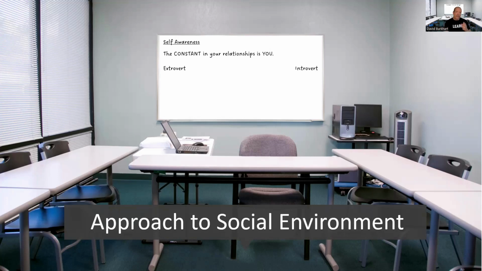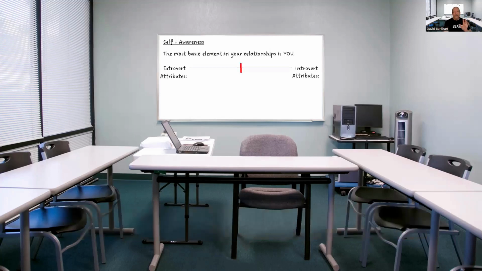So our approach to our social environment, our approach to people is a continuum. One side of the continuum is being an extrovert, and the other is an introvert. Now, when we talk about attributes of each, we're either one side of that red line or we're the other side of the red line.